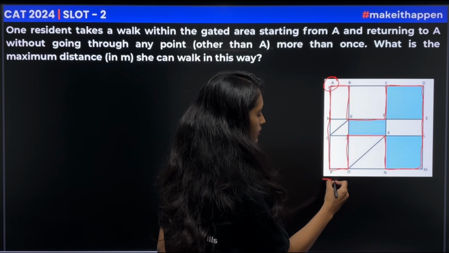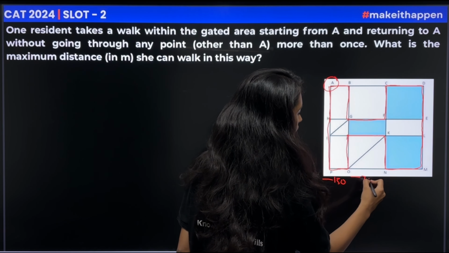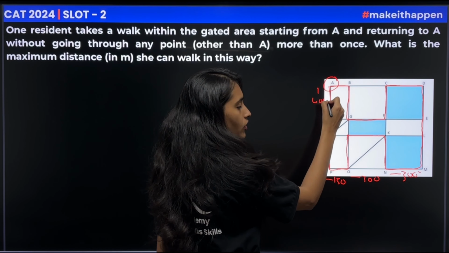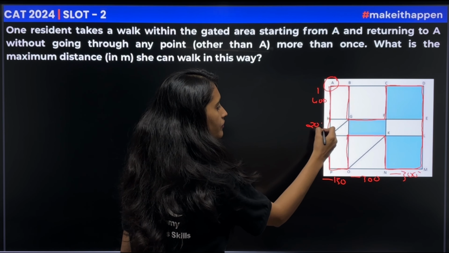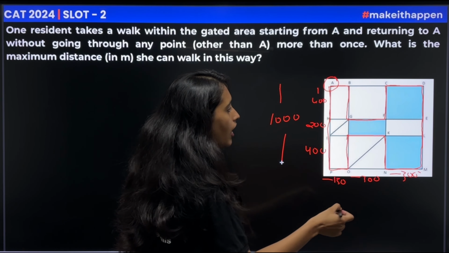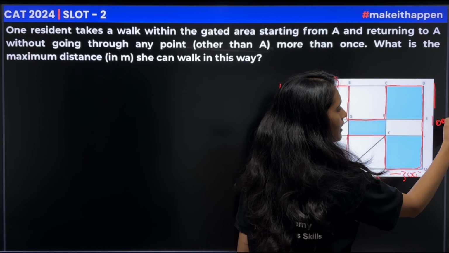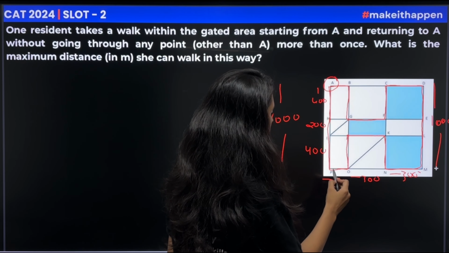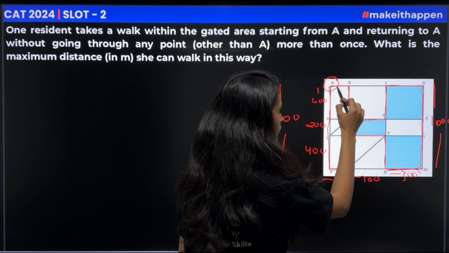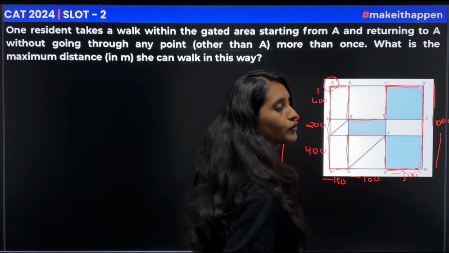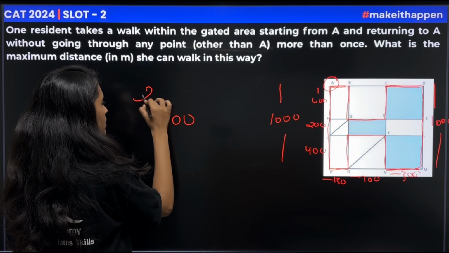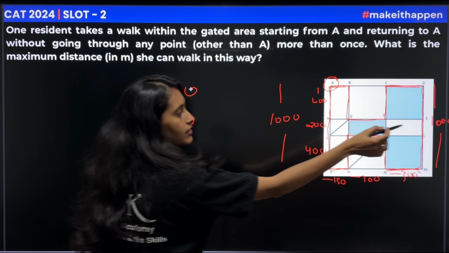Now this was 150, this was 300, this was also 300, and this was 400. This was 200, 400. So this becomes 1000. Also here, the distance traveled will be 1000. Now 150 plus 300, 450, and 450 here, so 450 plus 450, 900, 900 plus 2000, 1000 of this and 1000 of this.